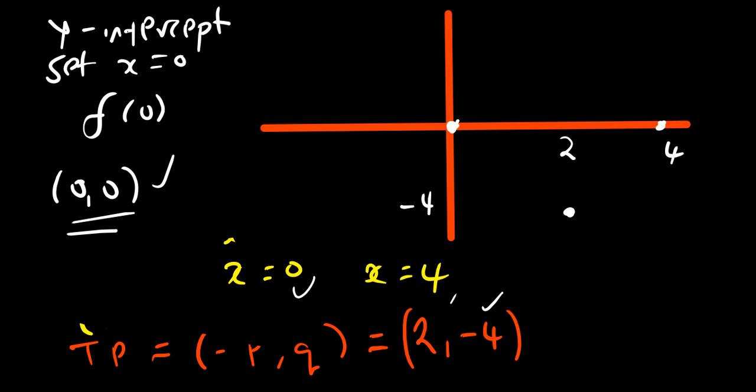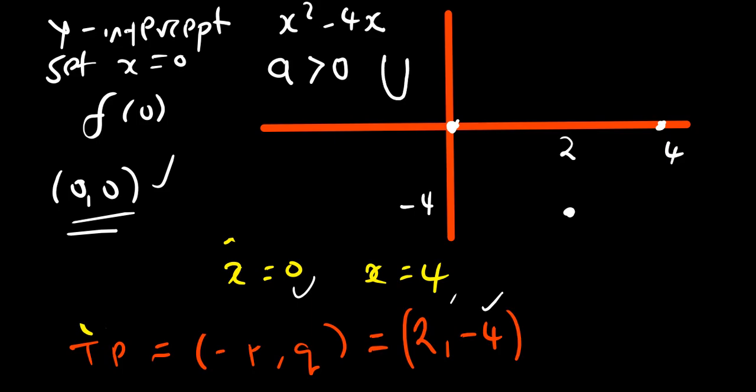If you have, like in our scenario, x squared minus 4x. When your a is greater than 0, it means your graph will have a minimum, like that.